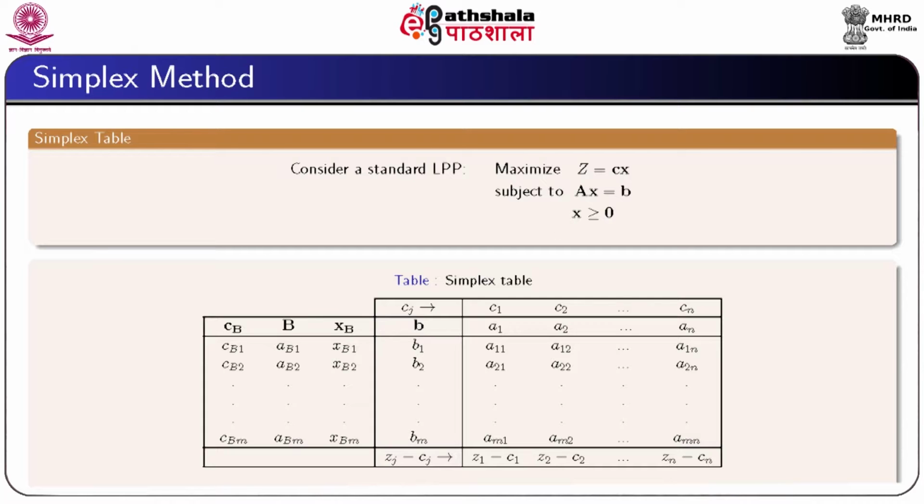First, Cj's are the cost components, and the components of b are the components of the requirement vector. Aij's are the elements of the matrix A, B denotes the basic vectors, xb denotes the basic variables, and Cv denotes the cost components for the basic variables.